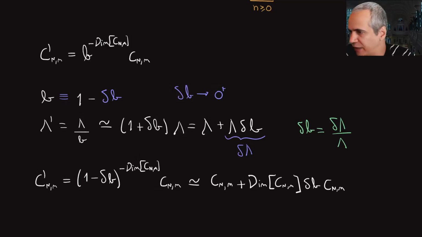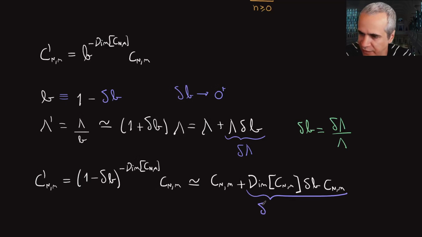Which again defines my delta C. This is the variation of the Wilson coefficient. I'm taking everything linearly in the variations here, because I'm thinking of this limit.